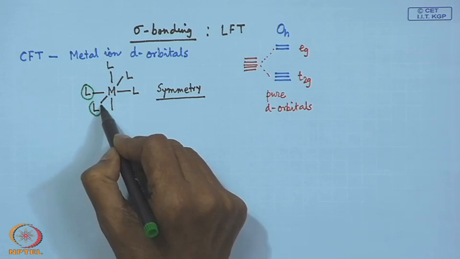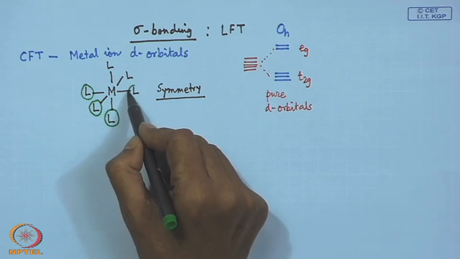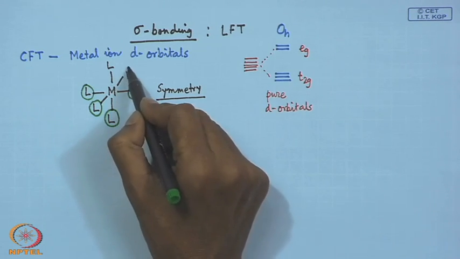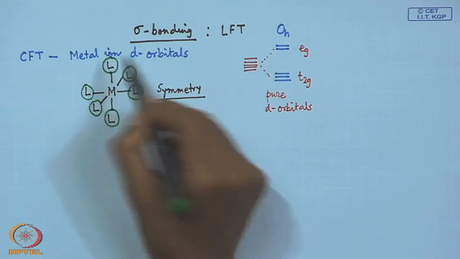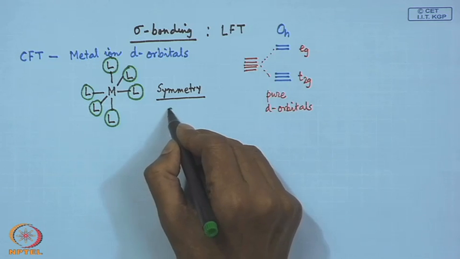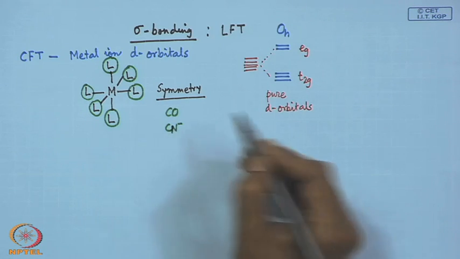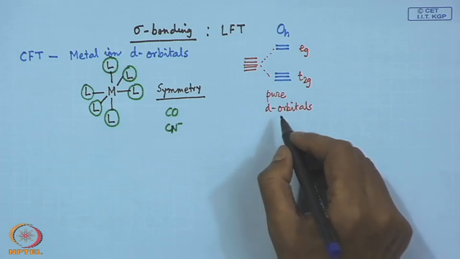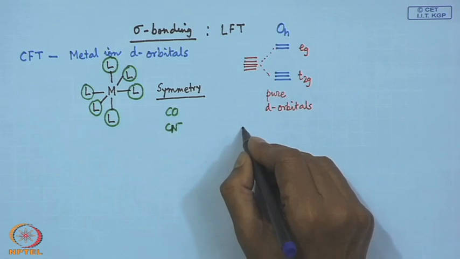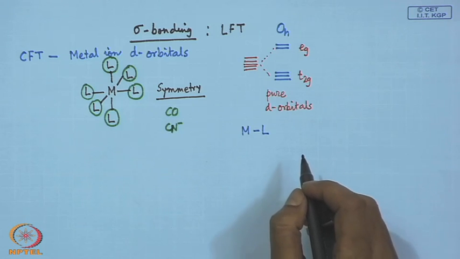But this is not everything, because this cannot explain nicely the position of ligands in the spectrochemical series, such as carbon monoxide or CN minus. To know the position of these ligands in the spectrochemical series, we have to consider that there must be some interaction between metal and ligand.